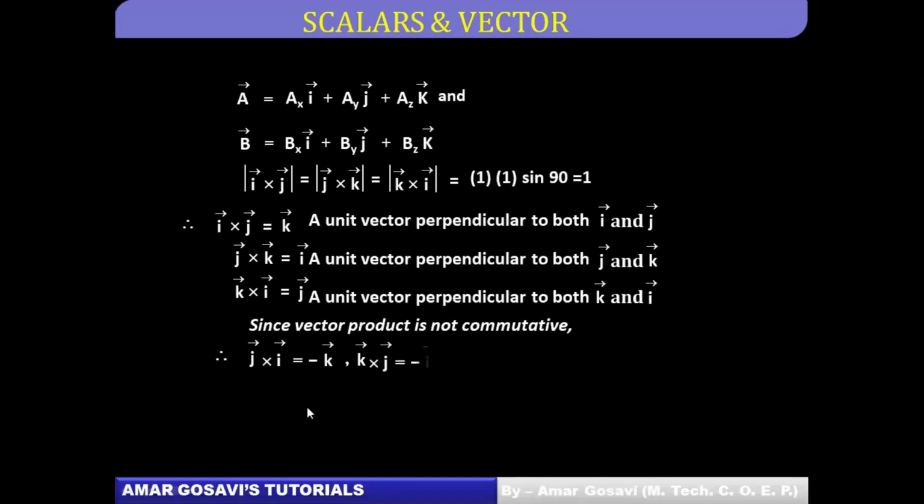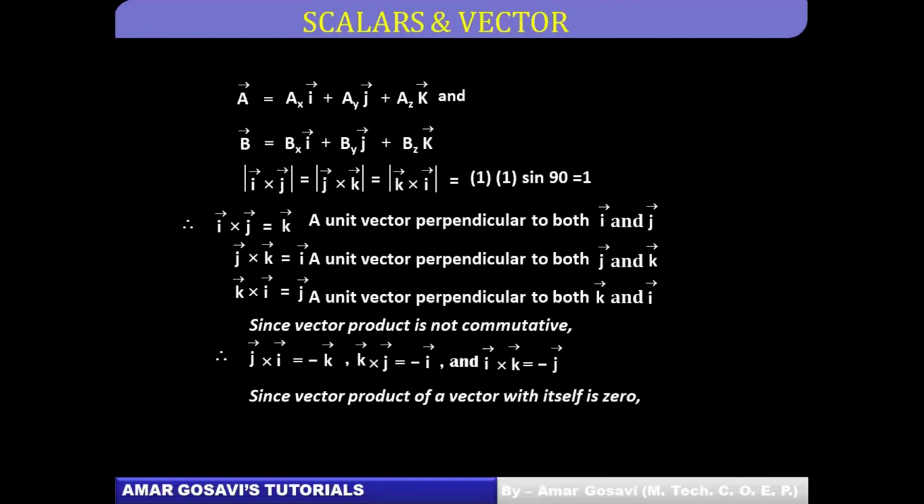Similarly, k cross j, if I change the order over here, it won't be i, it would be minus i. And finally, if I change the order, instead of k cross i, if I take it as i cross k, then instead of j, I have to take it as minus j. Why? It's not commutative. You know the reason why, how the directions reverse.